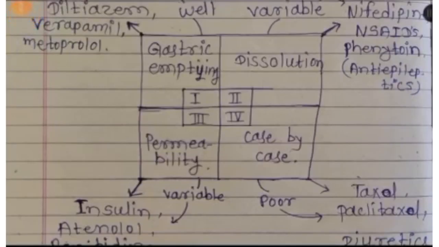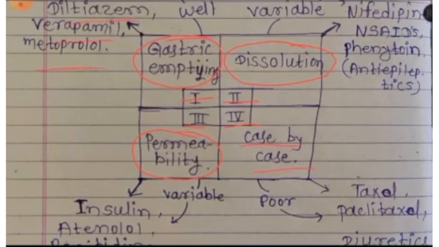So gastric emptying is the rate limiting step in class 1, dissolution is the rate limiting step in class 2, permeability is the rate limiting step in class 3, and the rate limiting step for absorption is case by case in class 4.